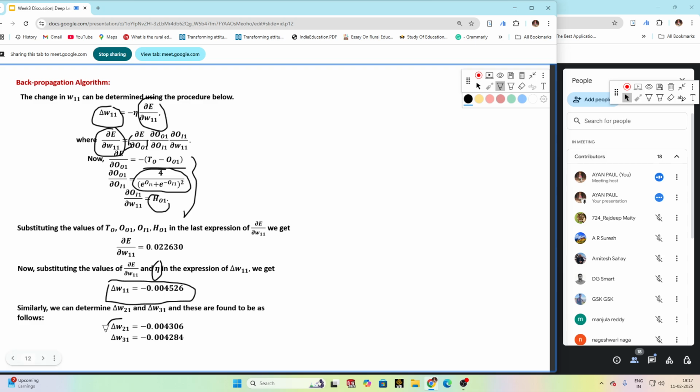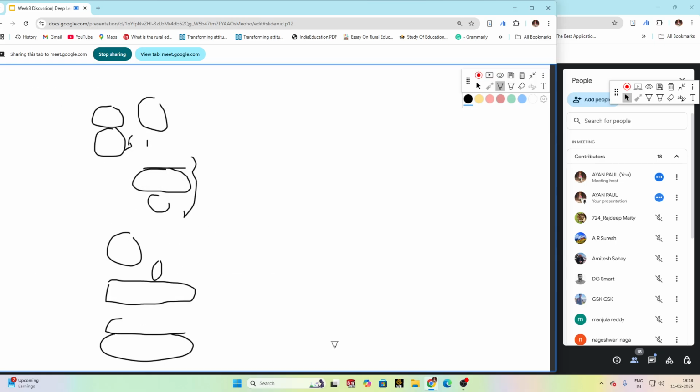Similarly, you can calculate delta W21 and delta W31. So is it clear? Any doubt? Is it really clear how we calculated this?